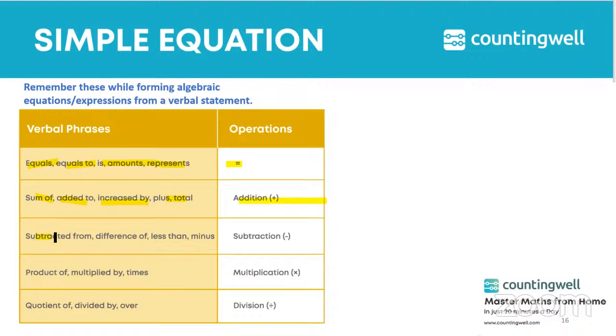Whereas when the words come like subtracted from, difference of, less than, or minus, you have to use the operation subtraction. If the keywords come as product of, multiplied by, or times, you have to use the multiplication sign there. If it is quotient of, divided by, or over, the operation used should be division.